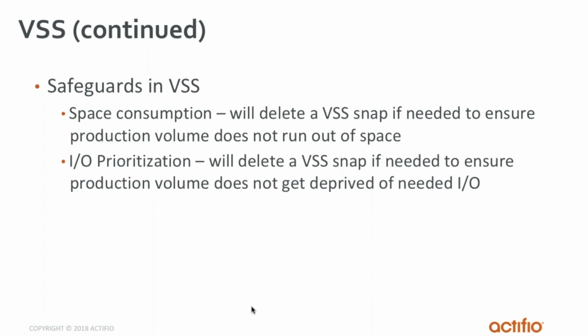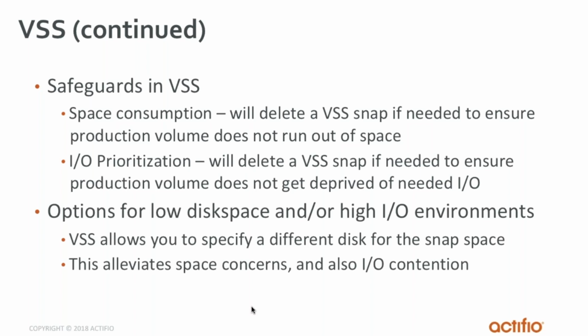So even though we had plenty of disk available on those drives, we still had the snaps delete in the middle of our job because it couldn't handle the I/O required to allocate space to the snapshot without impacting the production I/O. And Microsoft VSS provider always prioritizes production over the snap.